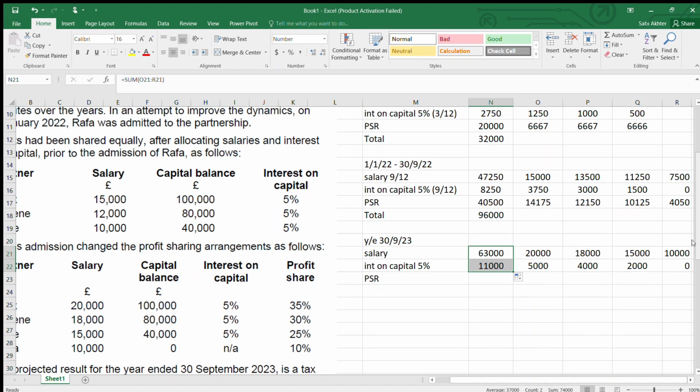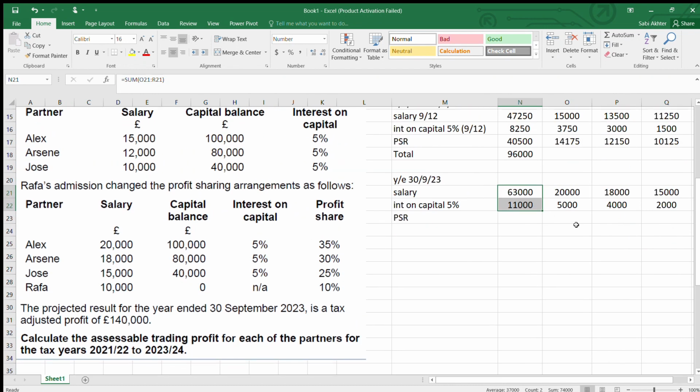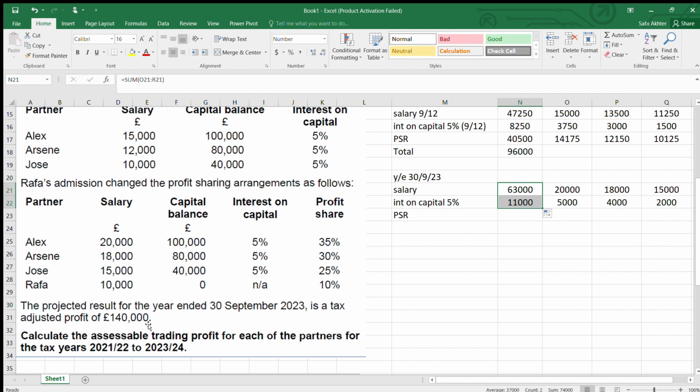And here they have already given you the profit, I think. See, they have given you 140,000 for 30th September 2023. So this 140,000 will be the total.